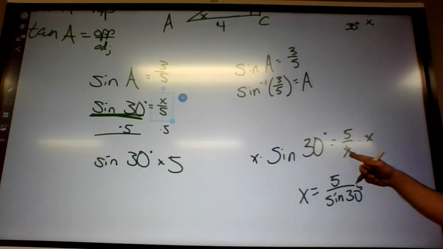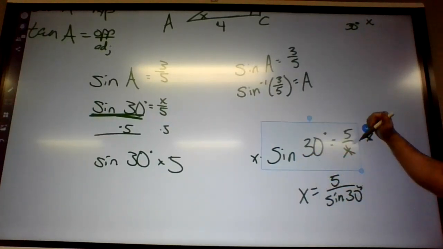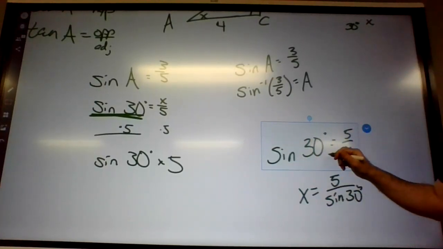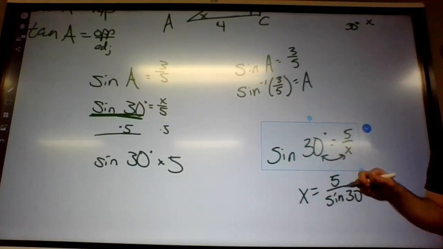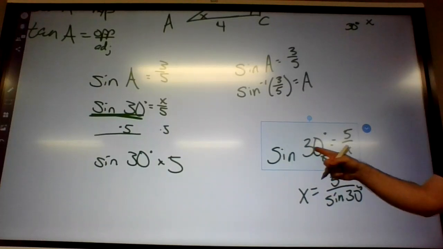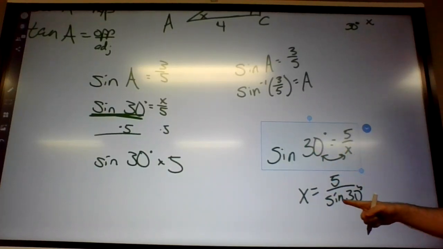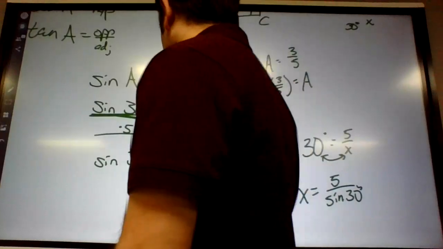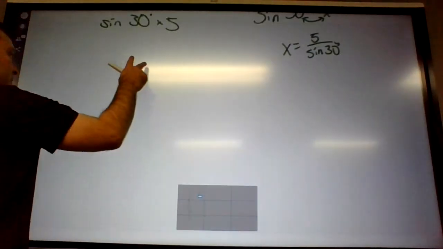So when x is in the denominator, basically these two switch places. So x equals 5 divided by sine of 30. And you plug that in the calculator, it should give you the answer. Alright.